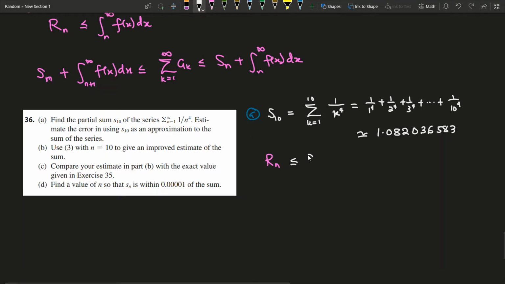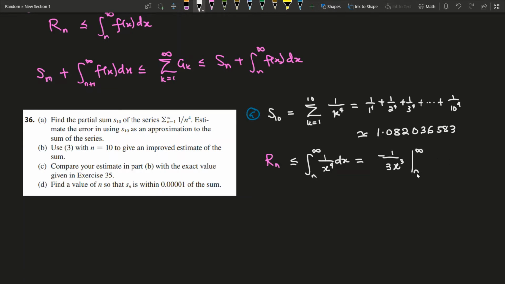So this is less or equal to, in general, the integral from n to infinity of 1 over x to the 4 dx. If you integrate this, it is negative 1 over 3x to the third, evaluated from n to infinity. Clearly when you plug in infinity, or take the limit as t goes to infinity, this is 0.